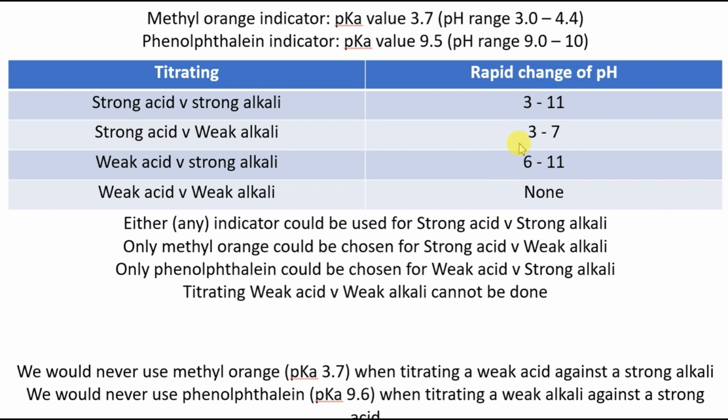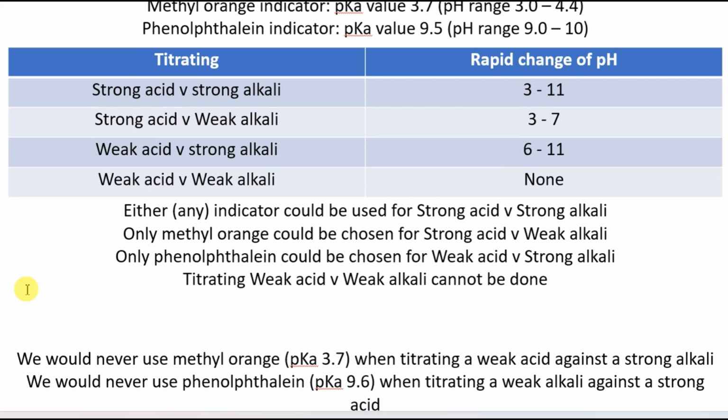That would give me a rapid pH change over a range around 6 to 11. Phenolphthalein shows its endpoint color within that range. Methyl orange is no good. We would never use methyl orange when titrating a weak acid against a strong alkali. We would never use phenolphthalein when titrating a weak alkali against a strong acid.